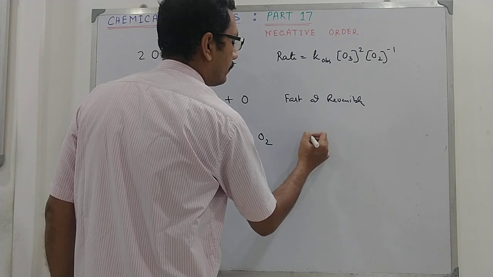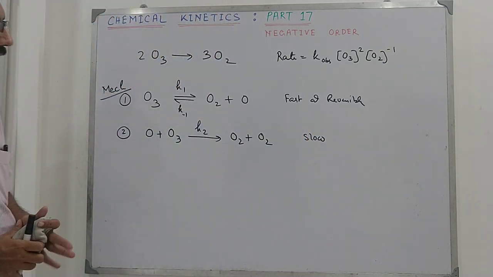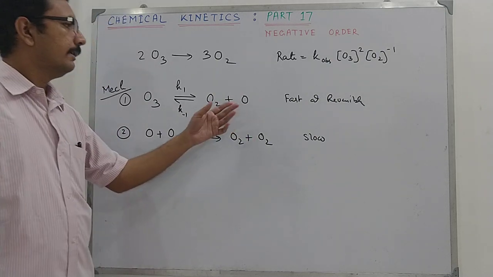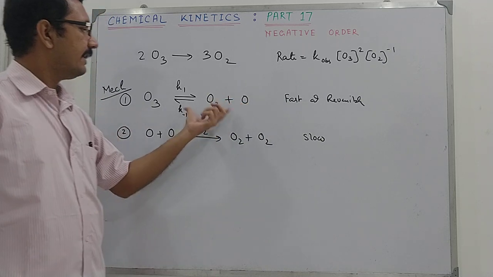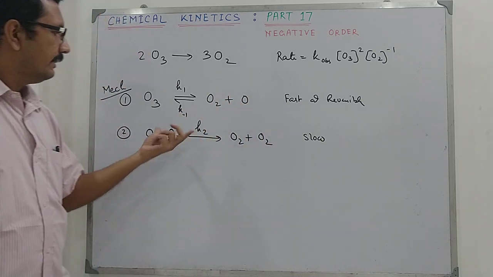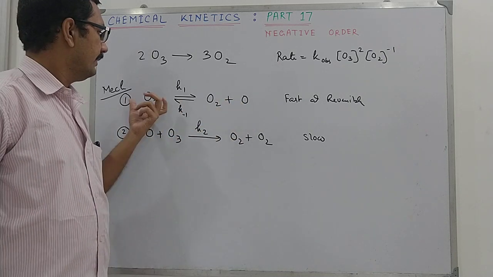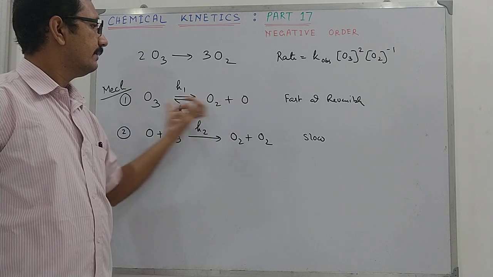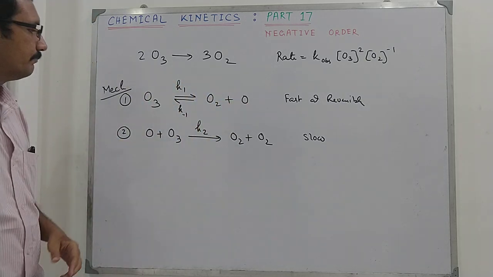Now this is the slow step. I have told you that whenever you find a fast and reversible reaction followed by a rate determining step, the slow step, then since there is less pump of this intermediate, it will enter into a rapid equilibrium and equilibrium will be attained.